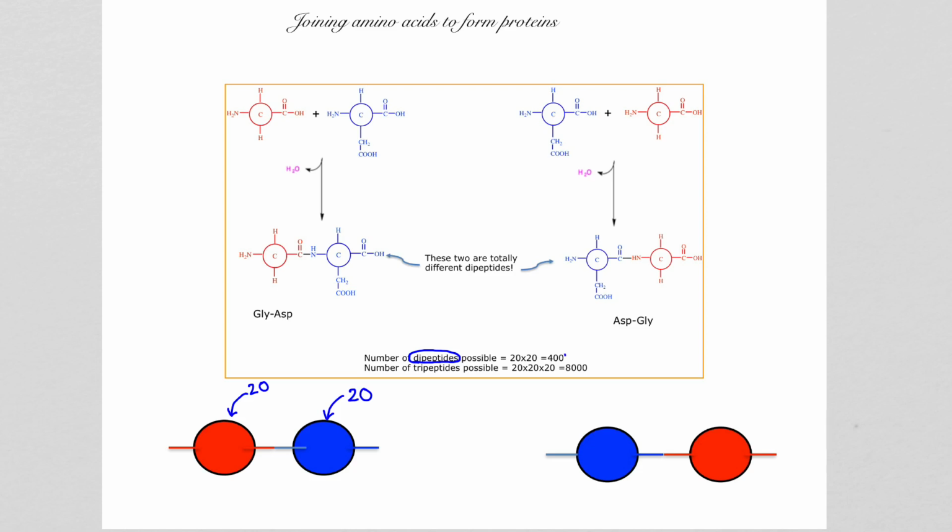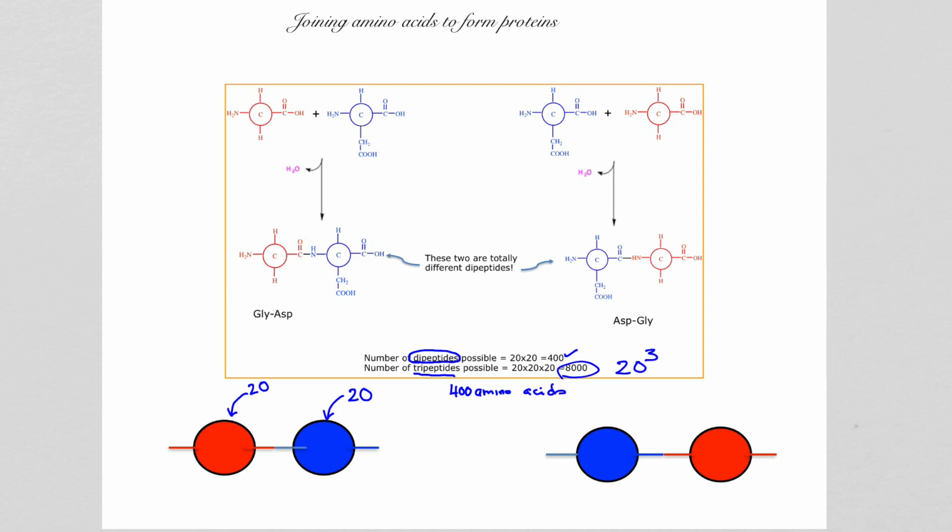So that's 400 possible dipeptides, theoretical dipeptides. So you can imagine for tripeptides, there's 20 times 20 times 20, which is 20 raised to the power of 3. That's 8,000 possible tripeptides, theoretically possible tripeptides. The typical protein in the human body has about 400 amino acids.